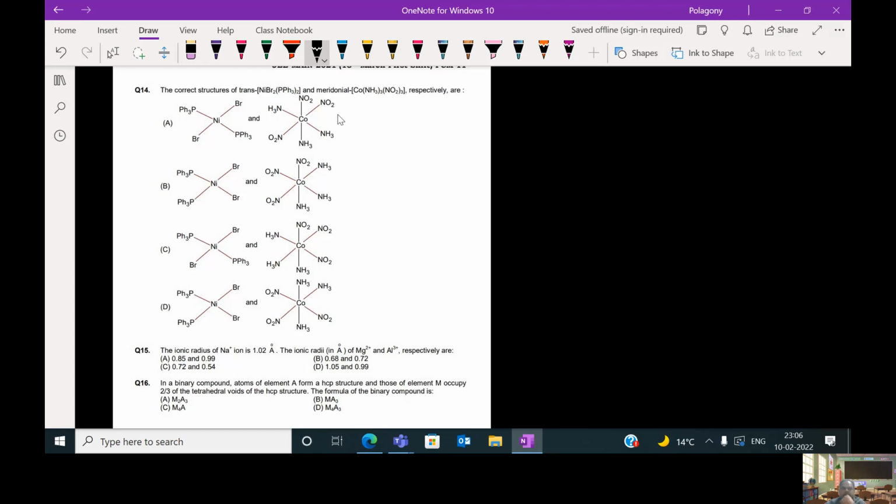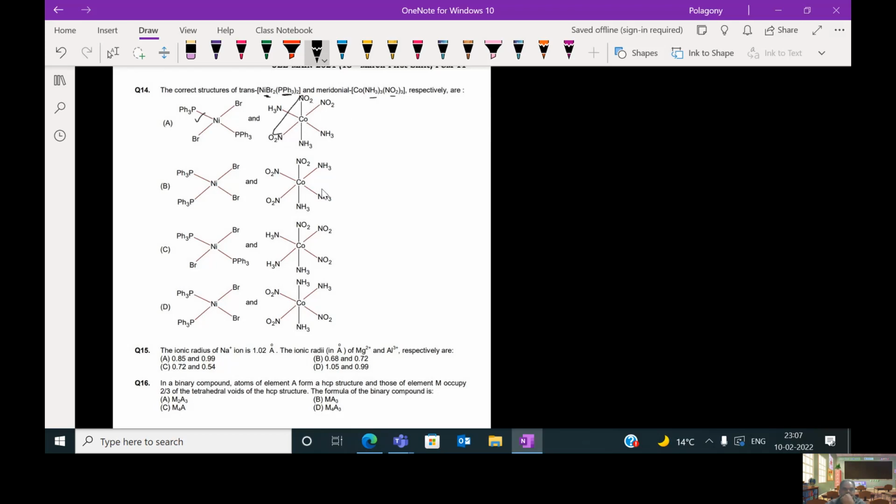The correct structures of trans and meridional metal complex compounds are given here. One is trans and the other is a meridional complex. Here you can see the ligands: one bromido, triphenylphosphine, and the other has ammonia and NO2. Trans means this is a trans structure, and here a meridional structure is given.